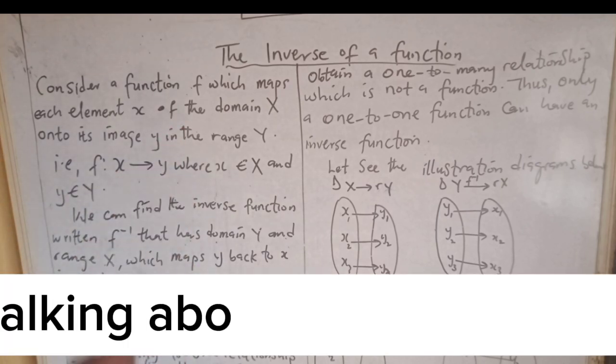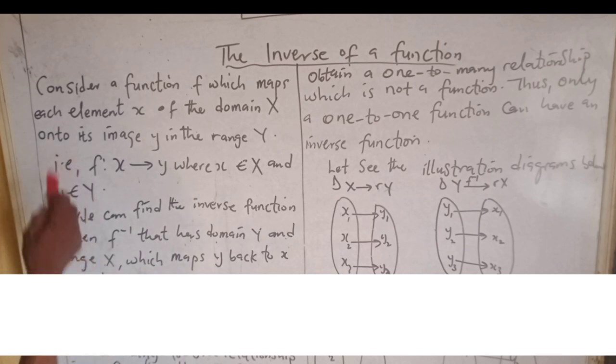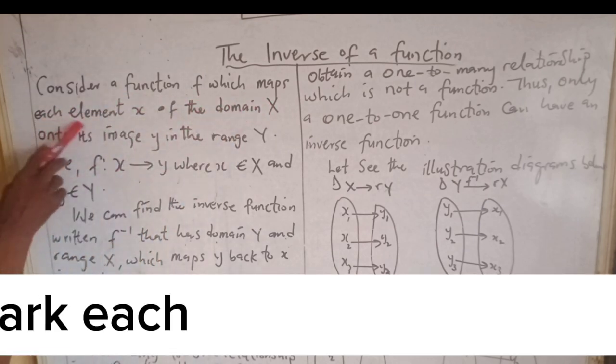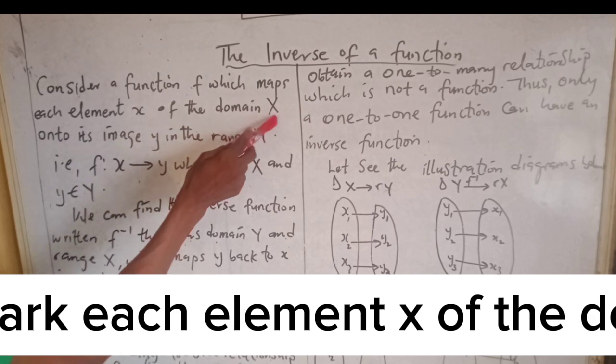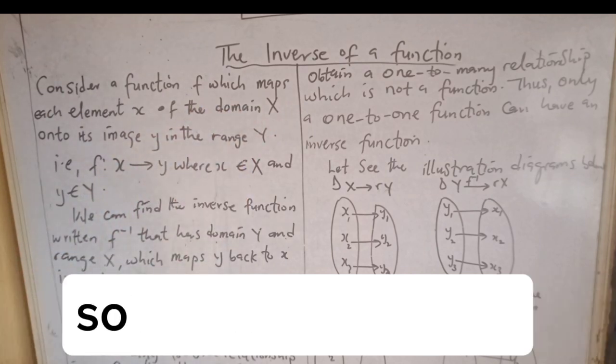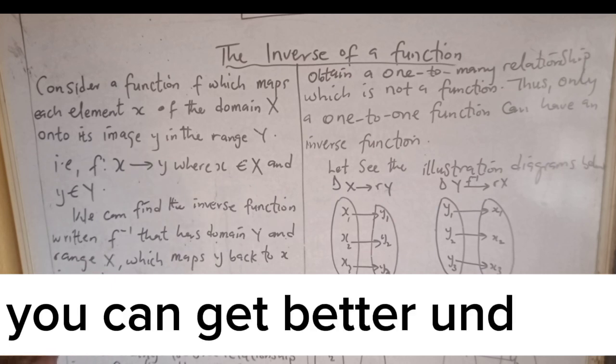So we are talking about the inverse of a function. As you can see on the board, consider a function f which maps each element x of the domain X. I explained domain in the other video, so you can go there to get a better understanding.